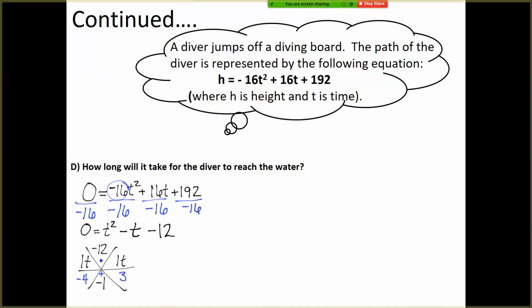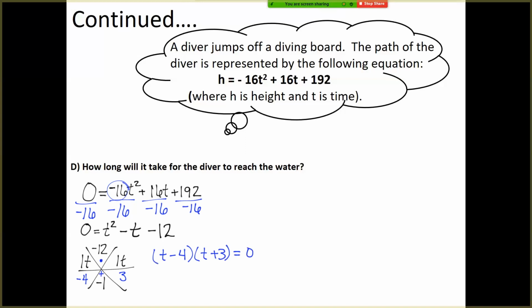Those two numbers happen to be -4 and +3. -4 times +3 is -12, and -4 plus 3 is -1. So now I have factors t minus 4 times t plus 3 still equals 0.